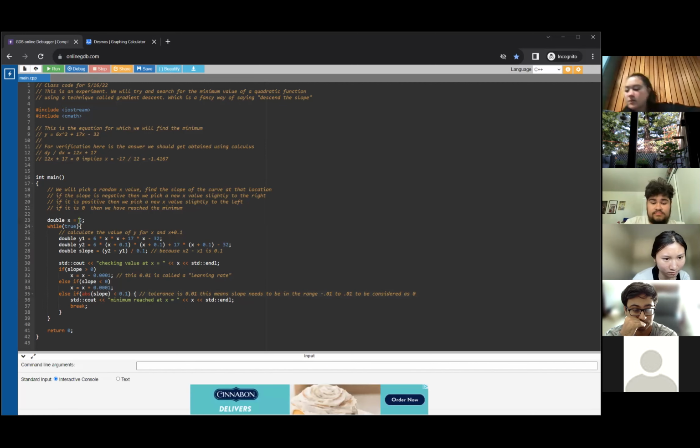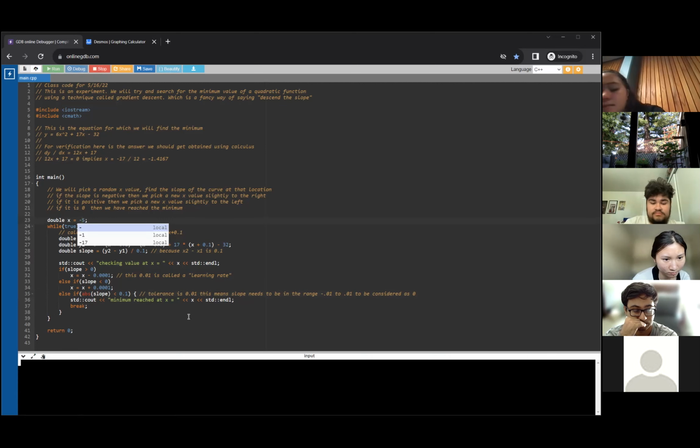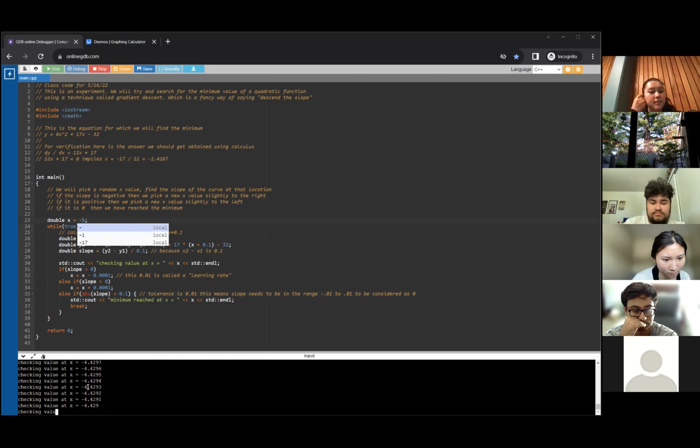Let's check something. If I started at -5, yes, it'll count down. I'll try from X equals 0. So it's the same thing. Yeah, either way, it'll increment or decrement it to get it to the 1.46.